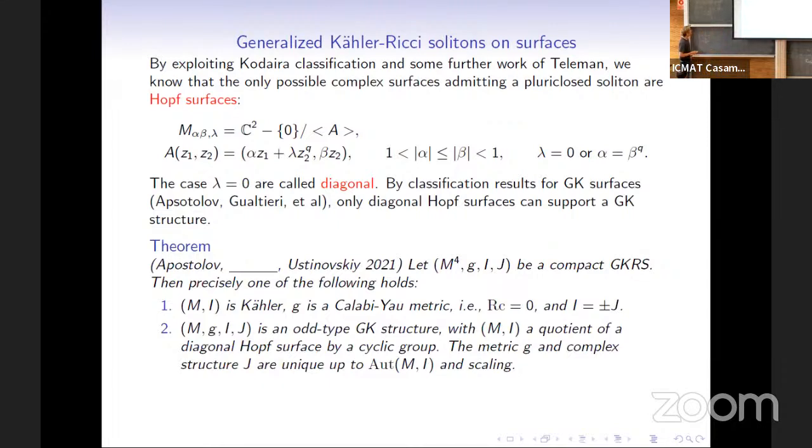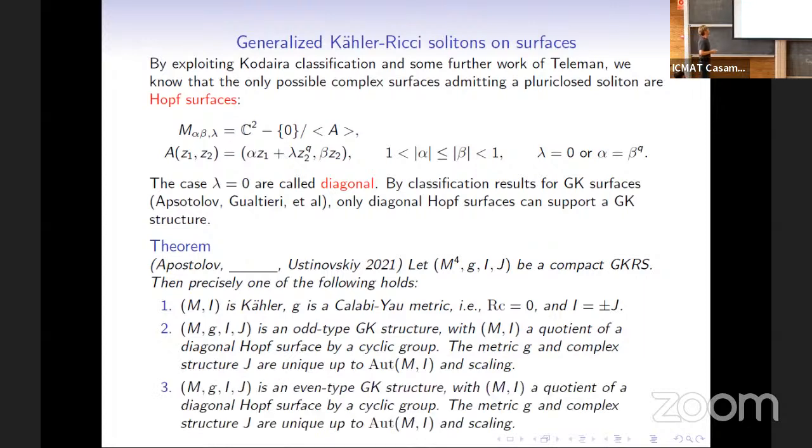Or M, G, I, J is an odd type GK structure, where, sorry, I didn't use this terminology before, this is the commuting case, what I call the commuting case. And M, I is a quotient of a diagonal Hopf surface by some cyclic group, so I'm stating it a bit more technically here. And the metric G and complex structure J are unique up to automorphism and scaling. So there's a unique soliton on these.